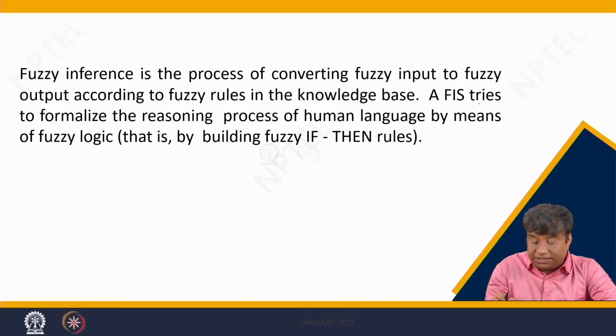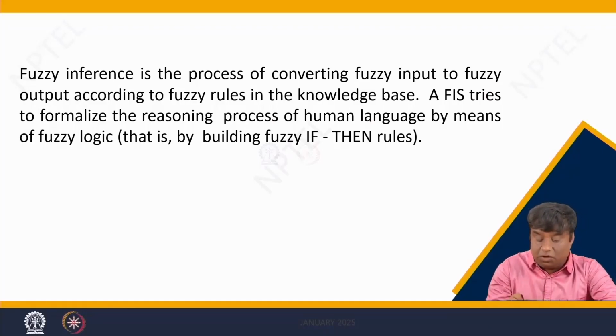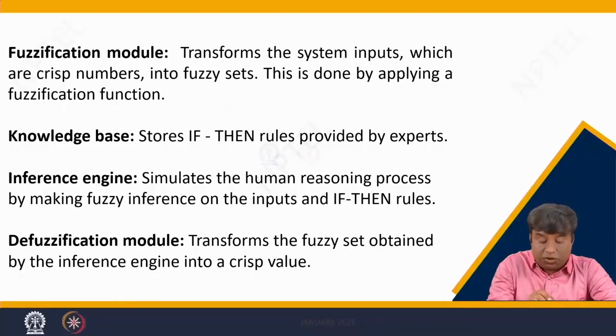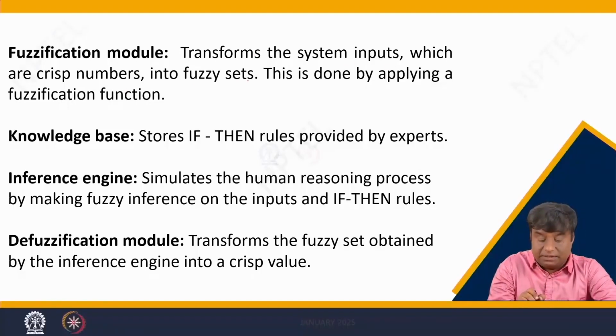A fuzzy inference system, that is FIS, tries to formalize the reasoning process of human knowledge by means of fuzzy logic, by building fuzzy if-then rules. The fuzzification module transforms the system's inputs, which are crisp numbers, into fuzzy sets. This is done by applying a fuzzification function.